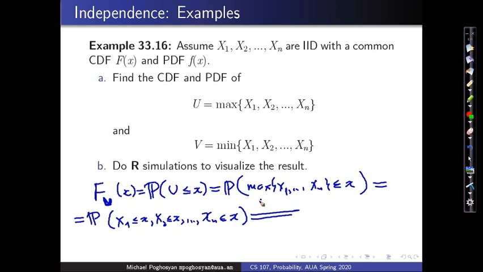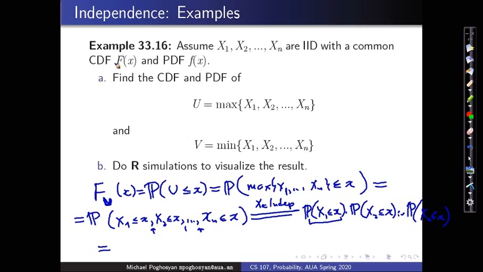Now I'm using that the Xk's are independent. Because the Xk's are independent, I can write this as a product of individual probabilities. I can write the ands as products for the independent case. This is the use of independence. Probability that Xn is less or equal than x. Now, this is the CDF of X1 at the point x.